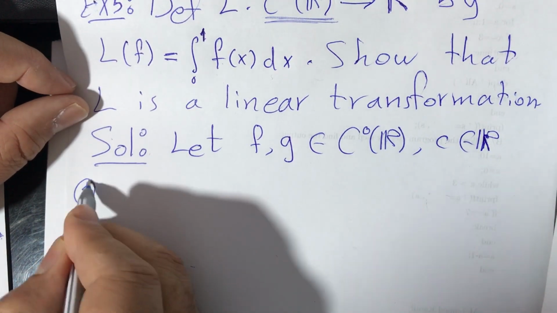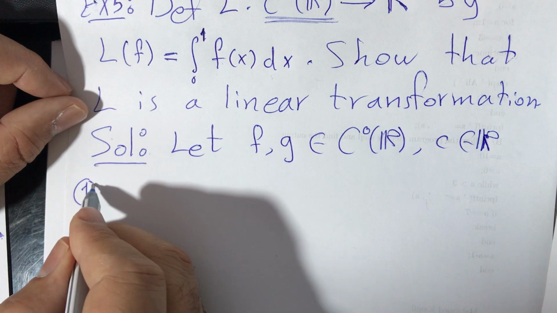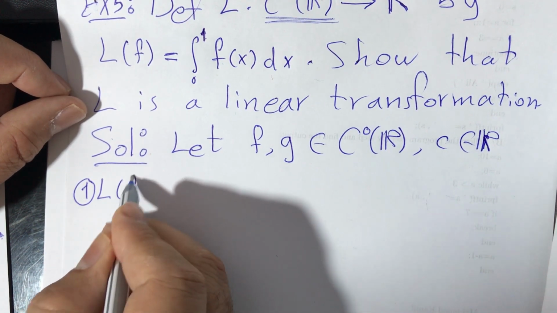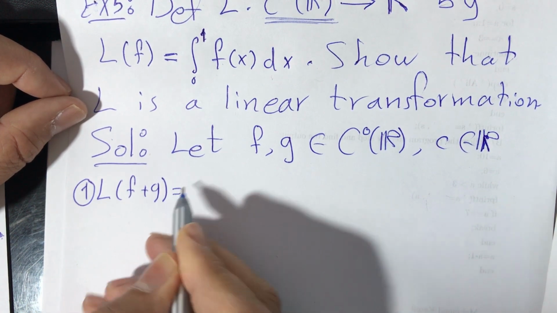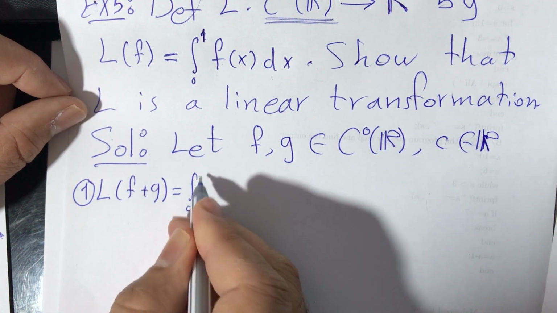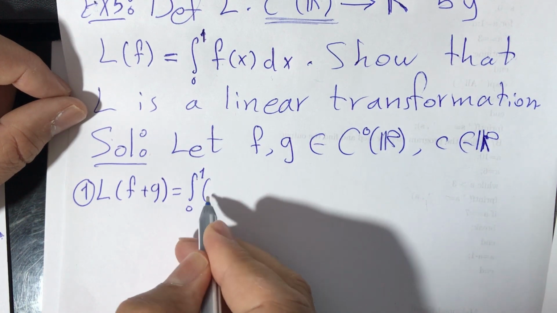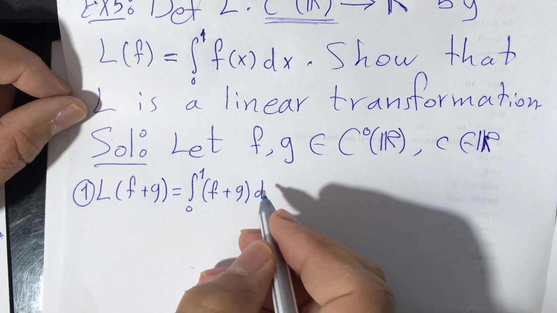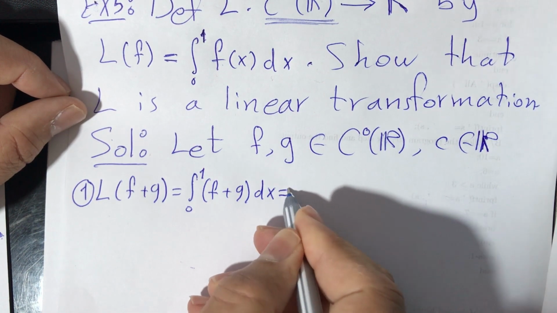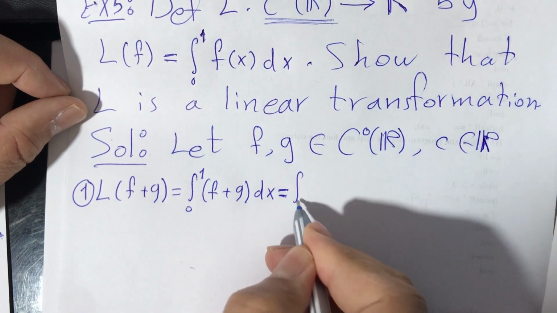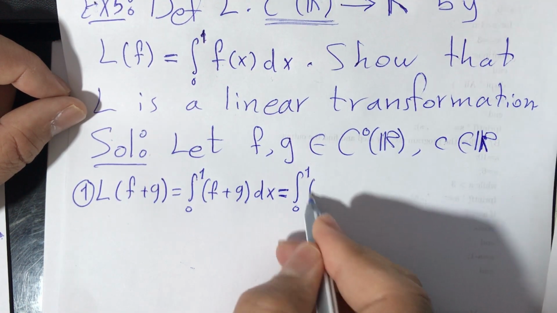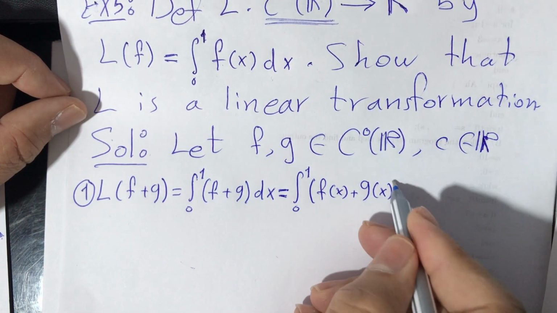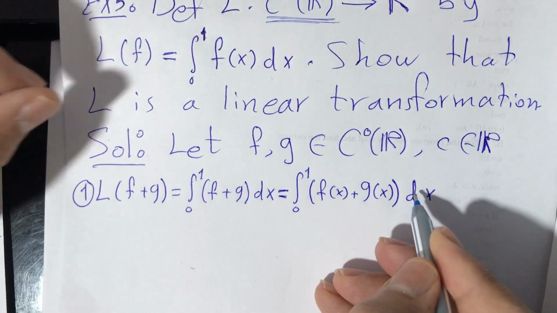And the first condition, L of f plus g is equal to the integral from 0 to 1 of f plus g dx. This is equal to the integral from 0 to 1 of f of x plus g of x dx.